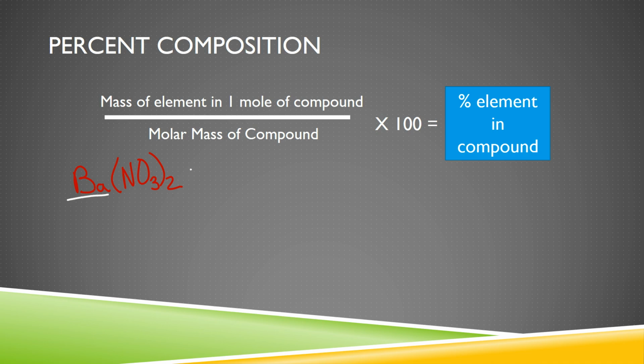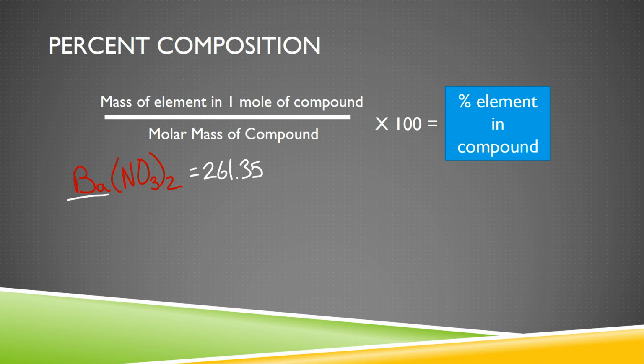So earlier we found out that barium nitrate had a molar mass of 261.35, right? That's what 1 mole of barium nitrate is.